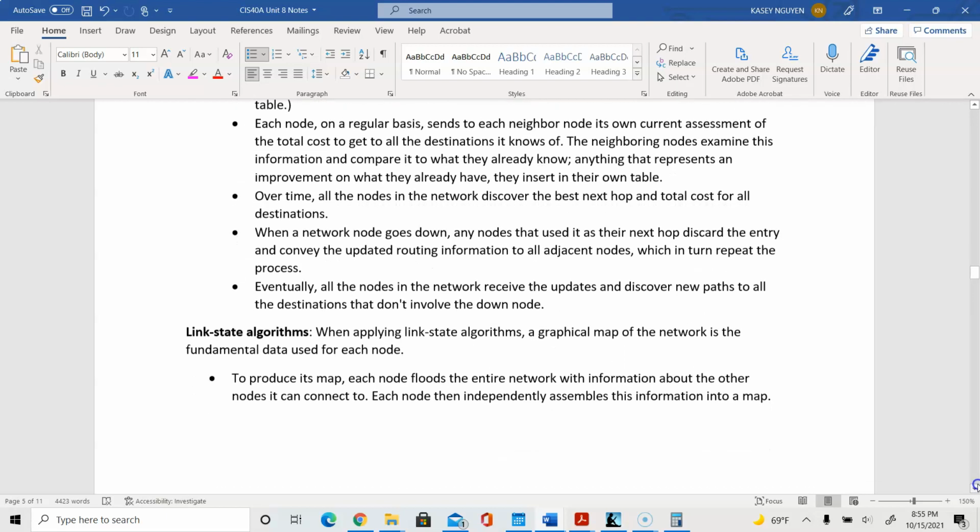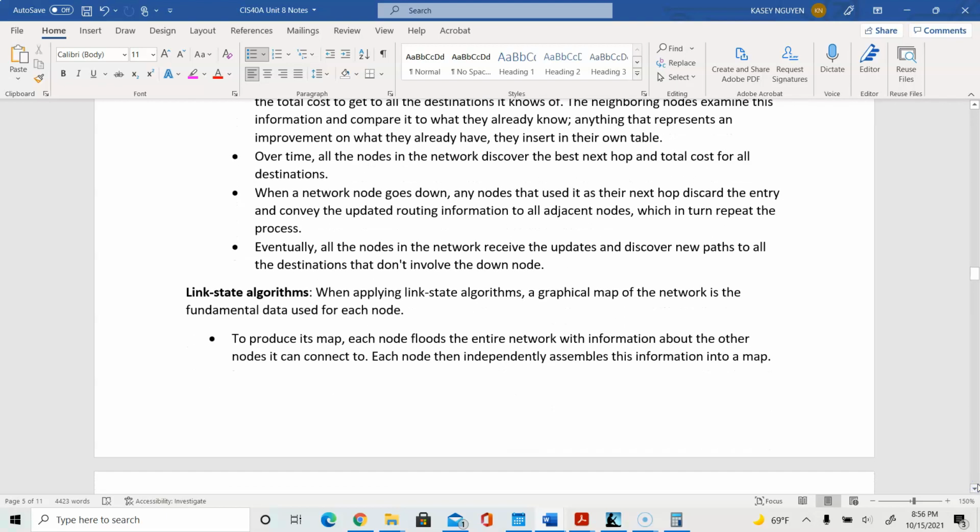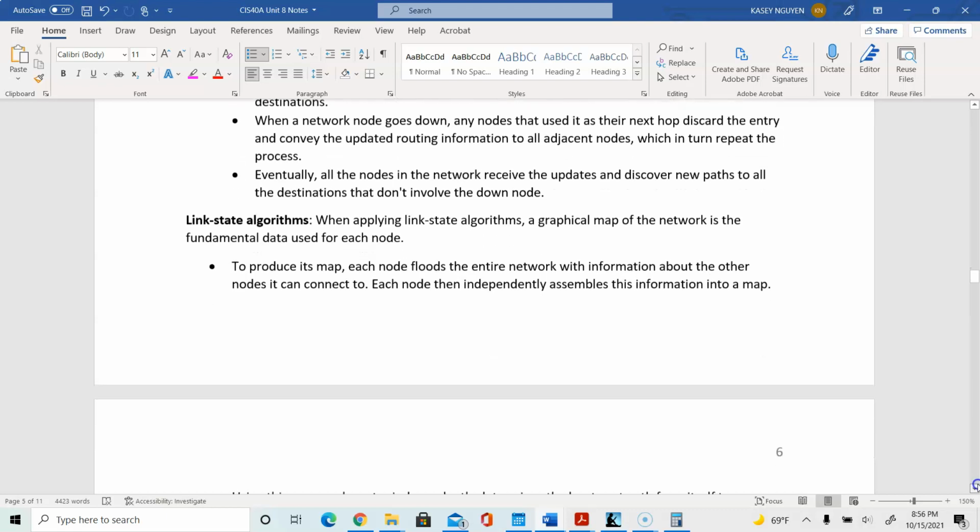For the link state algorithm, this is a different algorithm. It applies a graphical map of the network using fundamental data from each of the nodes. So it's able to map out by flooding the entire network with the information about other nodes that it can connect to. And the node would then independently assemble the information into the map.